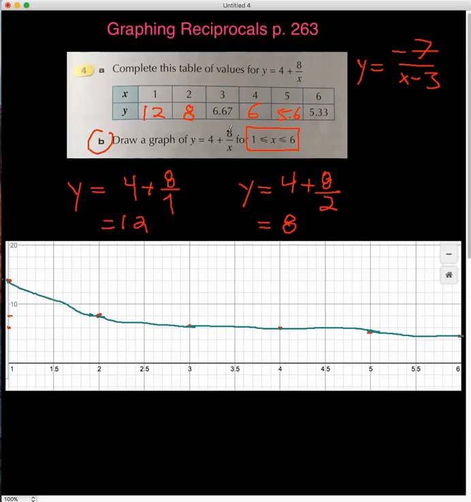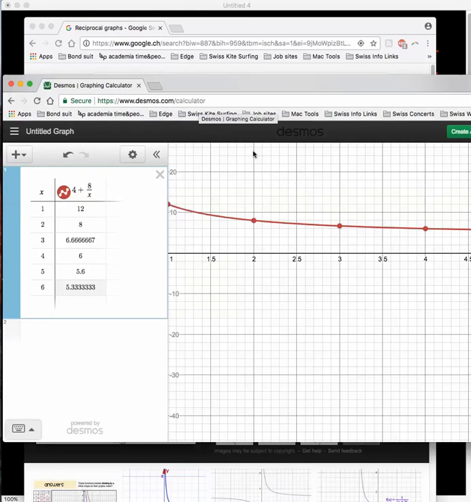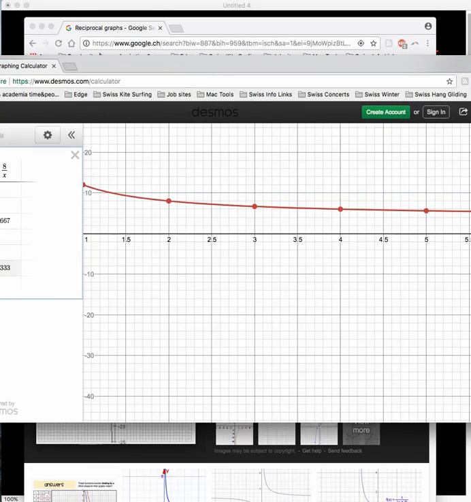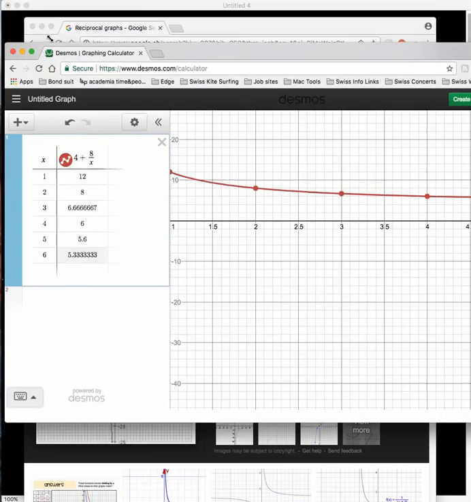So it says draw a graph of this. You just have to fill in your points and graph. The key thing is this. If they give you these restrictions, x has to be greater than 1 but less than 6, then you only need x is equal to 1 as your lowest point and x is equal to 6 as your highest point. And I've drawn this on one of the graphs on the internet. And you can see this is what the graph actually looks like if we look at it together.